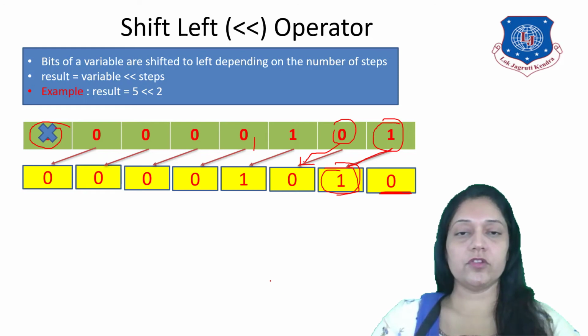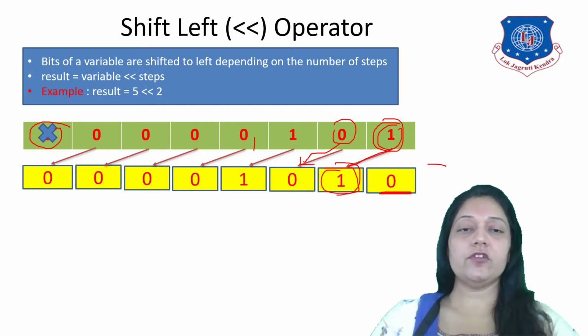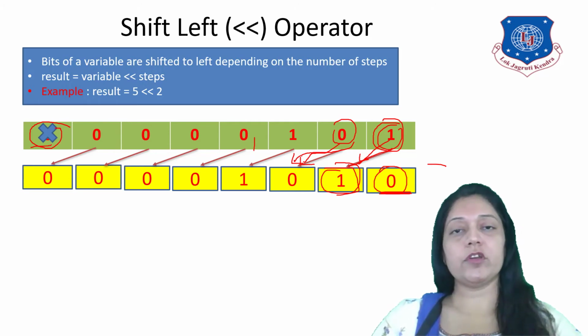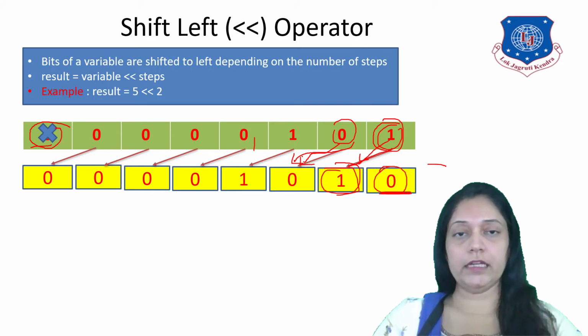So all the bits you can see have been shifted left. That is, the first value is placed in the second position, that is left side. 0 is placed on the third position, and so on. And the first bit will become 0, and the last bit is discarded. This step, shifting of bits, was carried out one time.